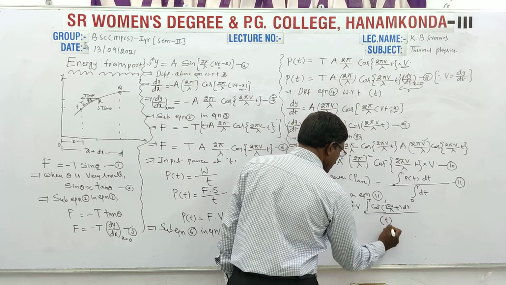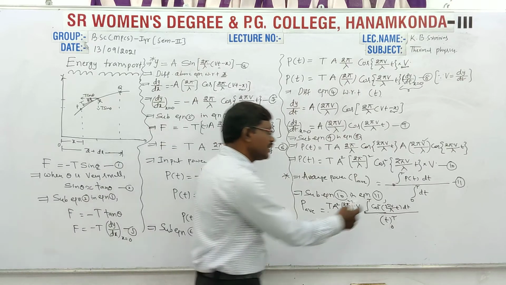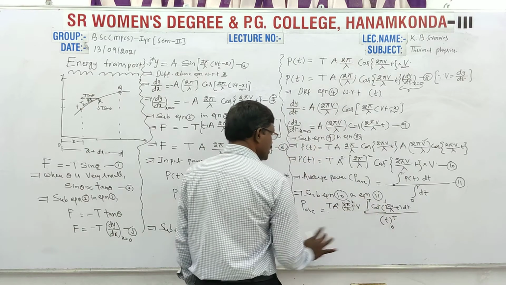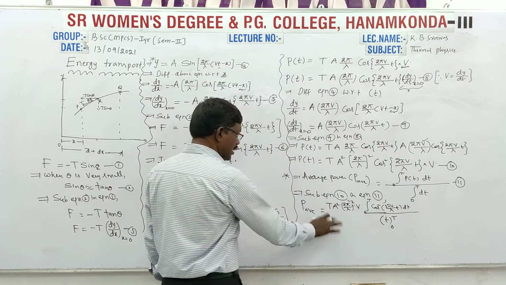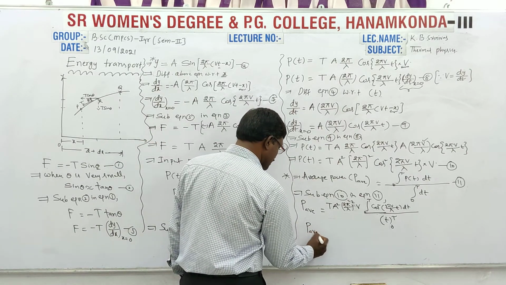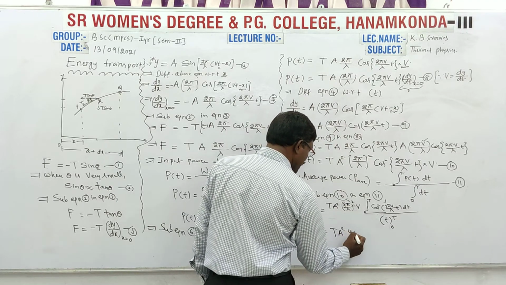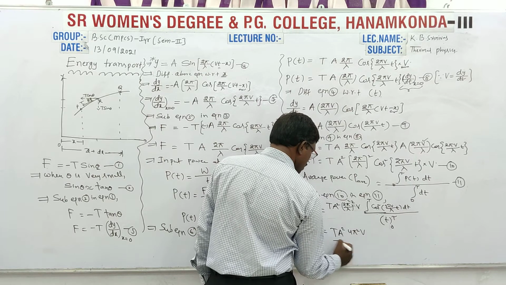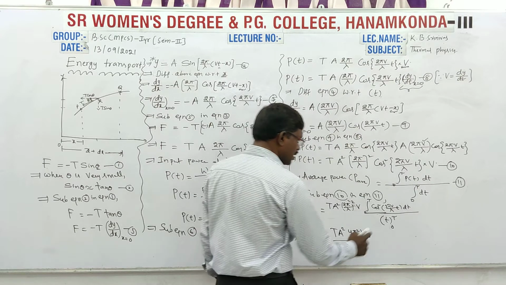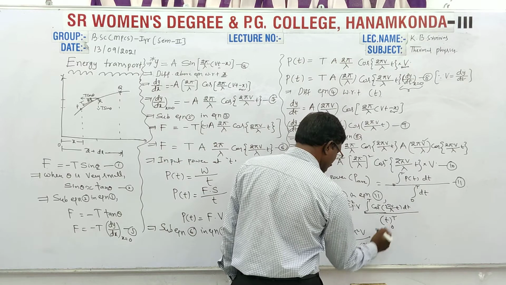T. We have to substitute limits of the integration, that is 0 to tau. Simply I have integrated dt. Integration of dt gives t only. So 0 to tau are the limits of the integration. Clear? In the previous lecture only I have calculated. T a square, this becomes 4 pi square v whole divided by lambda. Simply I have opened this bracket, just to substitute upper limit minus lower limit. Upper limit is tau, minus lower limit is 0.